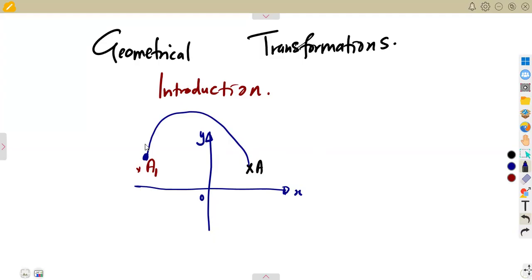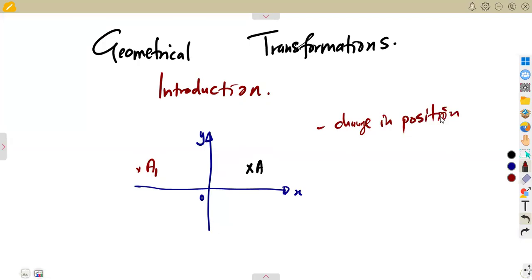So transformation simply is the change of the position, referring to a point. The point was here, now the point is here. It has changed its position. So transformation can be a change in position.